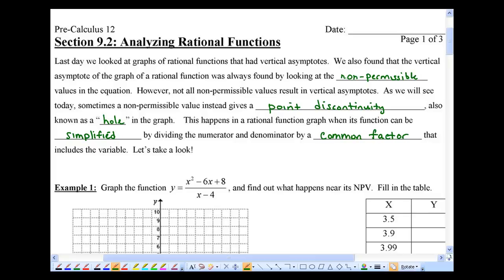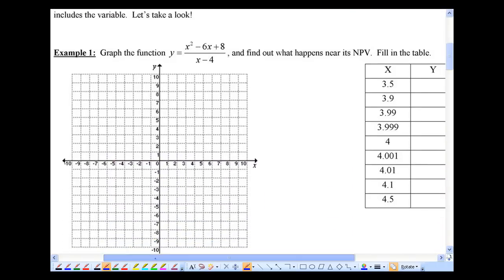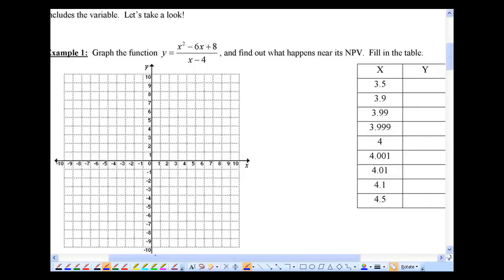So, what do I mean by a common factor in the numerator and the denominator? Well, if you look at example number 1, I'm going to ask you to factor this equation. And if we do, we have y equals, now on the top, we're finding two numbers that multiply to 8 and add to -6. That would be, yes, -4 and -2.